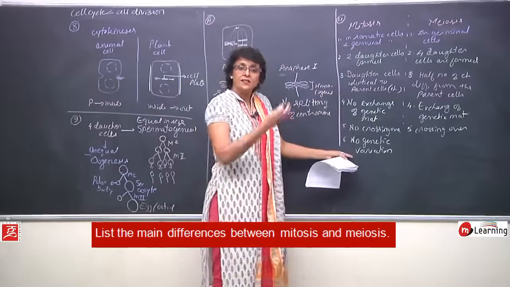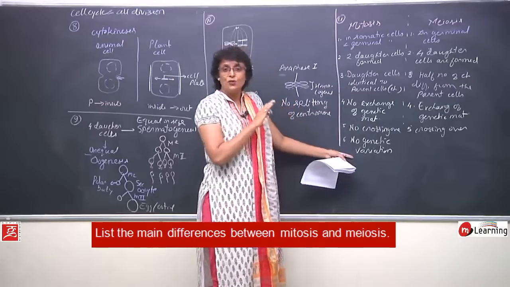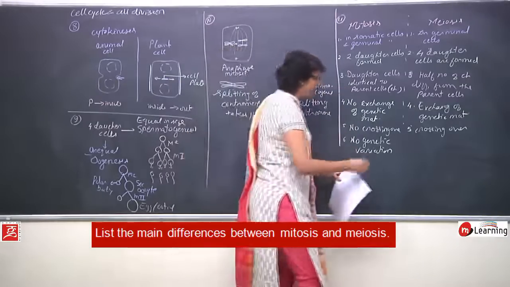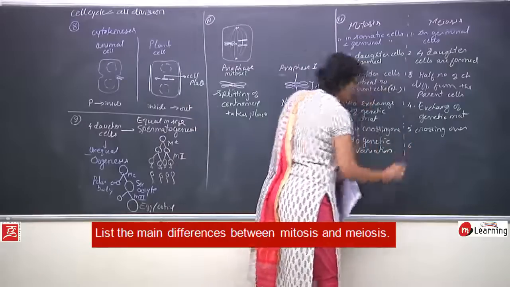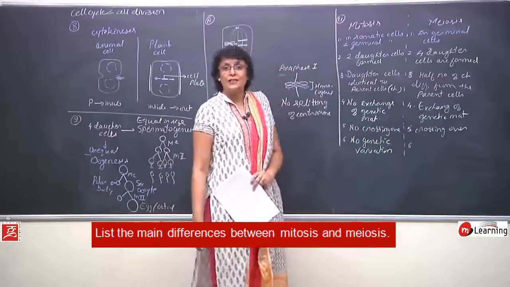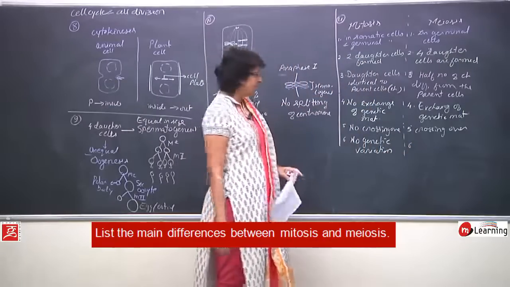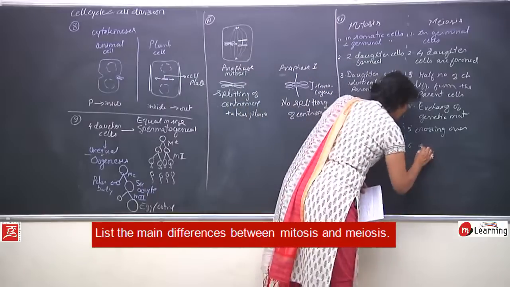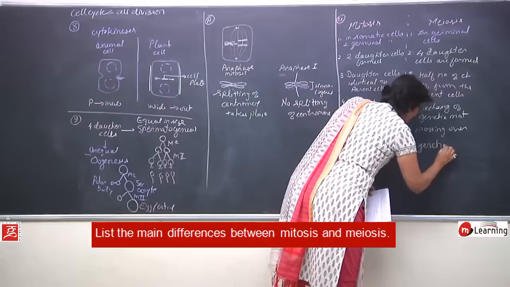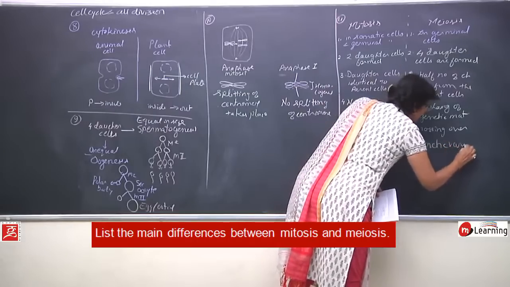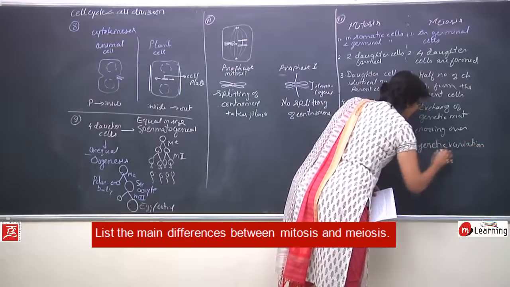So, they can be considered as clones of the parent cell because no exchange has taken place. Whereas, in case of meiosis, as crossing over takes place, exchange of genetic material results in variation. So, genetic variation takes place.